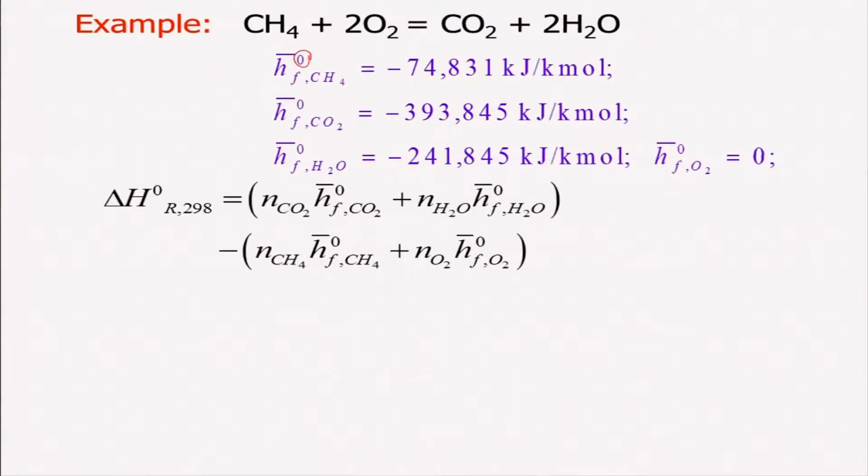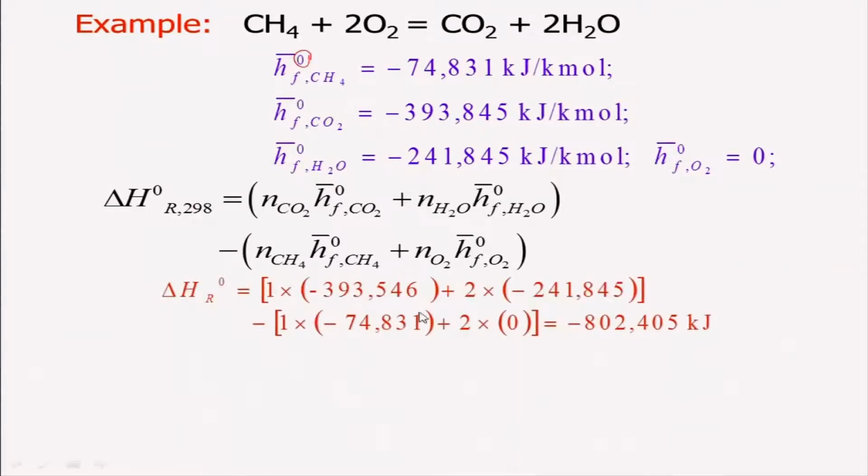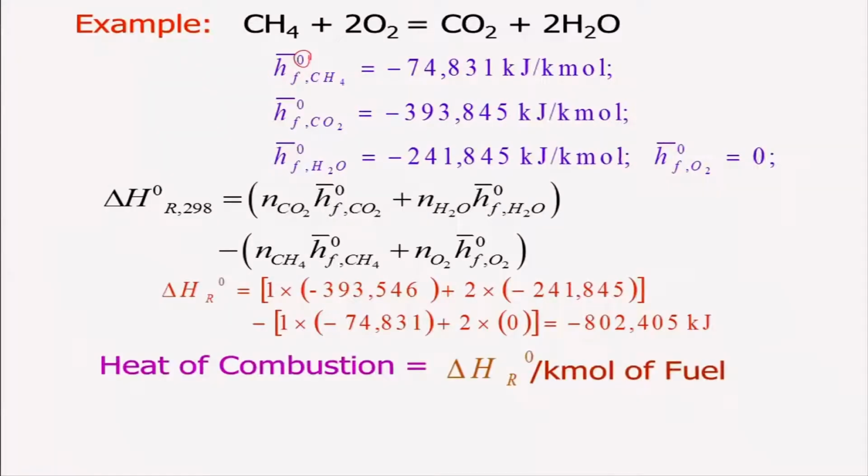So, what we will do, we will substitute these values for the heat of formation at standard state for carbon dioxide, water, methane and oxygen. If you substitute these values, you will find the heat of reaction is 802,405 kilojoule for this reaction. And we have basically used 1 kilomole of fuel.